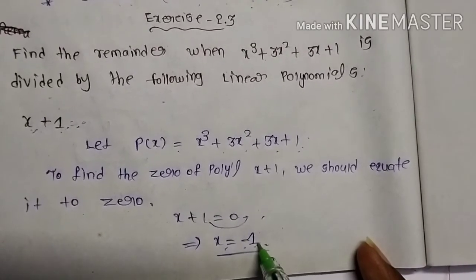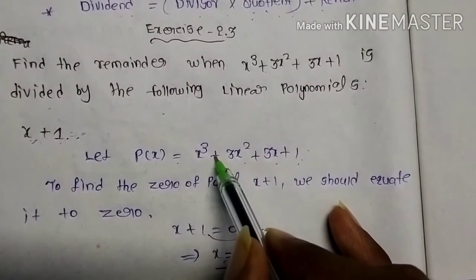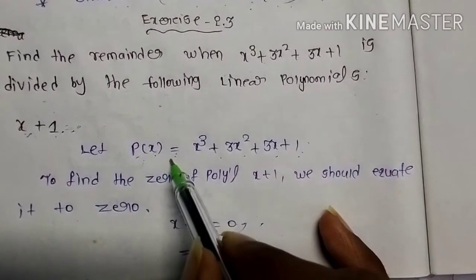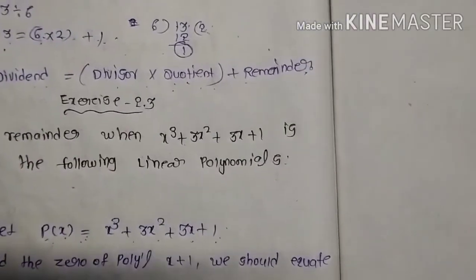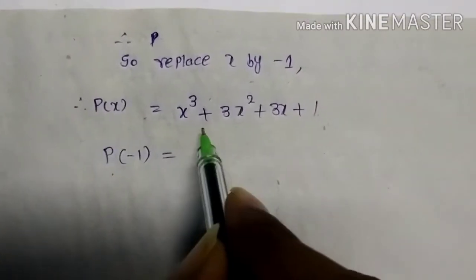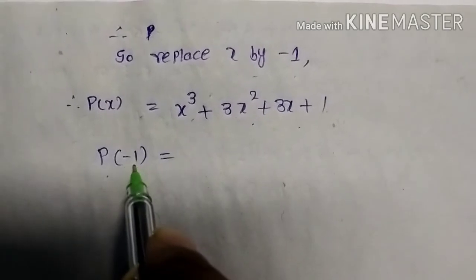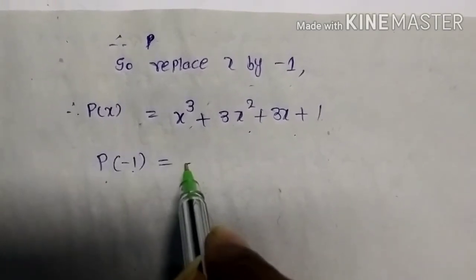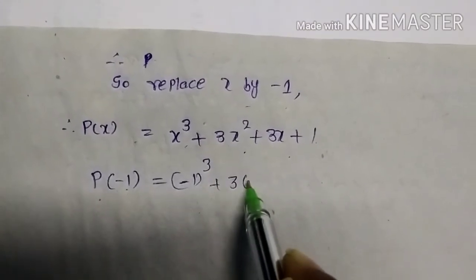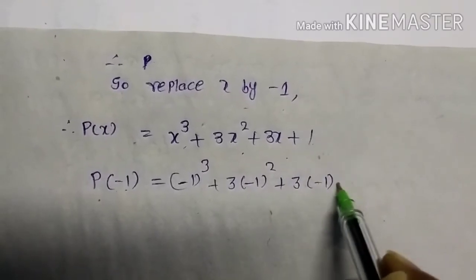You can substitute x is equal to minus 1 in this polynomial. That means we need to find p of minus 1 only. If you find p of minus 1, your answer will be complete. So replace x by minus 1. p of x is equal to x cube plus 3x square plus 3x plus 1. p of minus 1 means wherever x is available, just write minus 1. That means minus 1 whole cube, plus 3 into minus 1 whole square, next 3 into minus 1, plus 1.